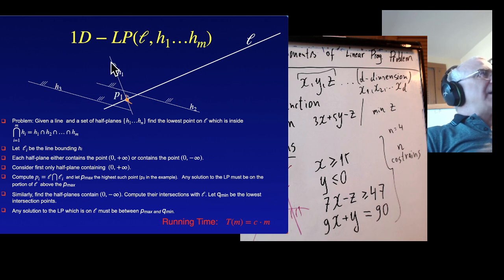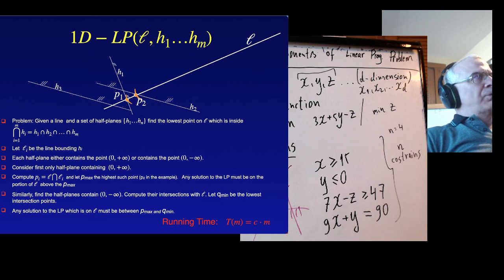For example, L1, the line that bounds the half plane H1, and L intersect at a point, and let's call this point P1. Because of the way these half planes look, it's only willing to accept points above the line L1, so on L itself, this half plane tells me only accept points to the right or above P1.